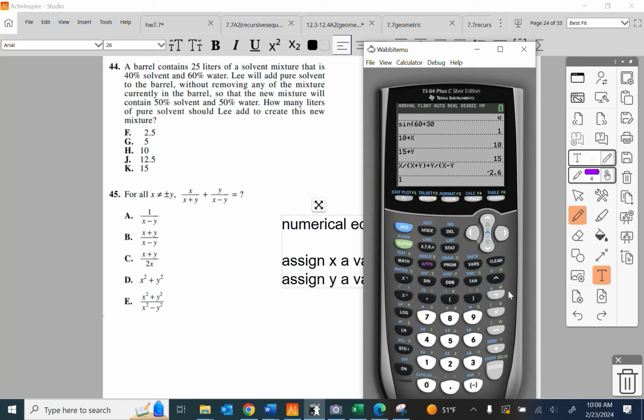So let's see what 1 over X minus Y is. I don't think this is going to be it, but whatever. No, not it. Let's see what X plus Y over X minus Y is. It's not going to be it, by the way.